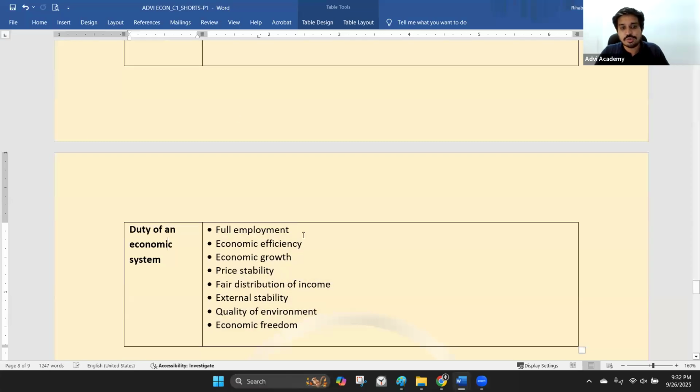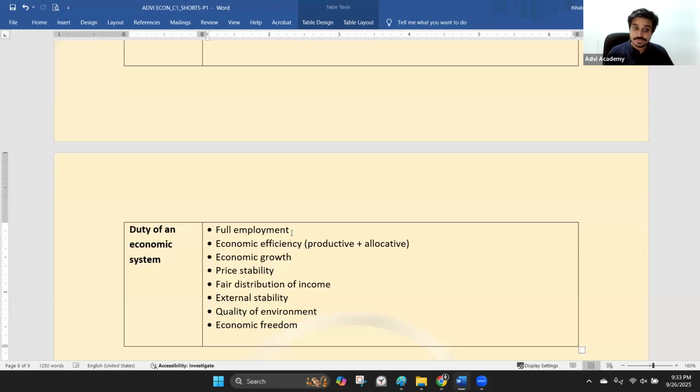These are the things. Full employment, providing employment opportunities to everybody. Economic efficiency, like in the PPC, in the next section we will learn there are two types of economic efficiency: productive efficiency and allocative efficiency. We'll learn that in the PPC part.